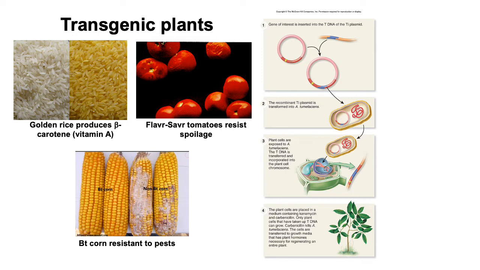So this keeps farmers from having to spray a lot of pesticides on their fields because the corn itself carries a transgene for a particular pesticide. So these are some important agricultural advantages to incorporating various genes into plants.